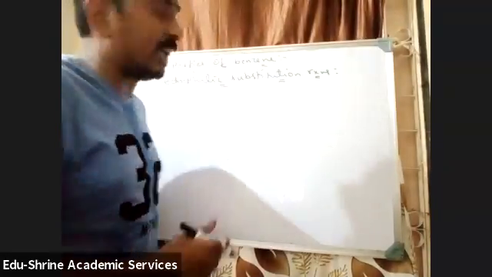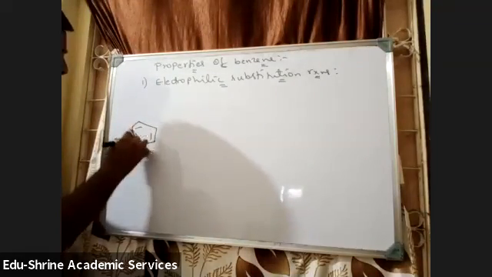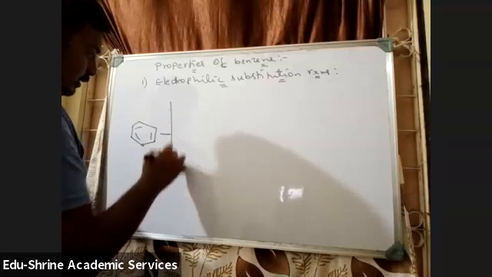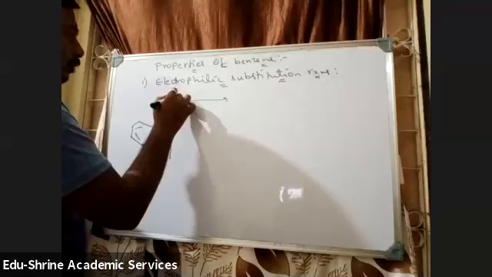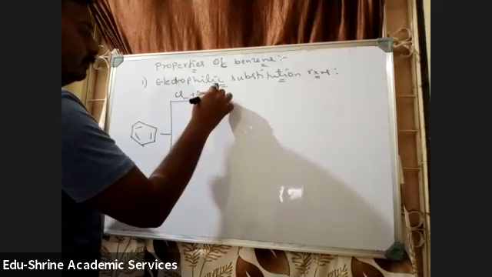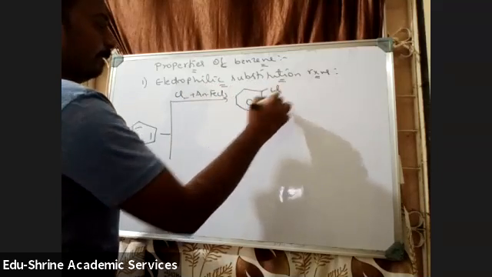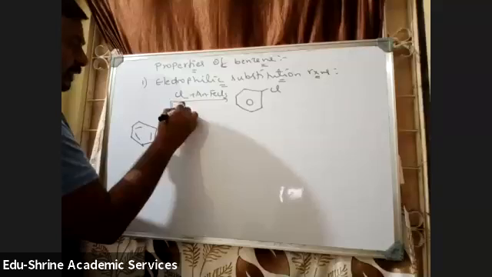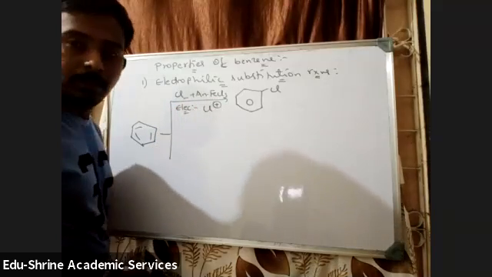What type of questions can be asked? For example, if I take benzene, the first one is halogenation, that is chlorine plus anhydrous FeCl3. You'll get chlorobenzene as the product. So the electrophile is Cl+. Okay?